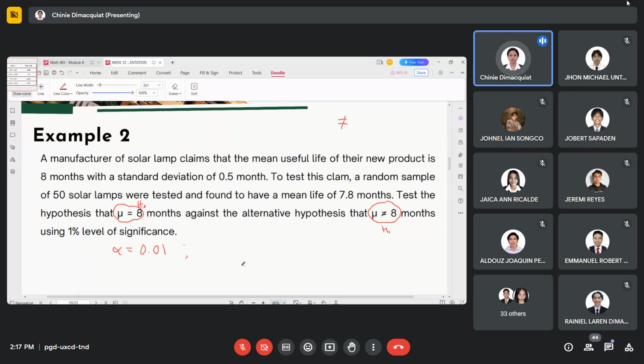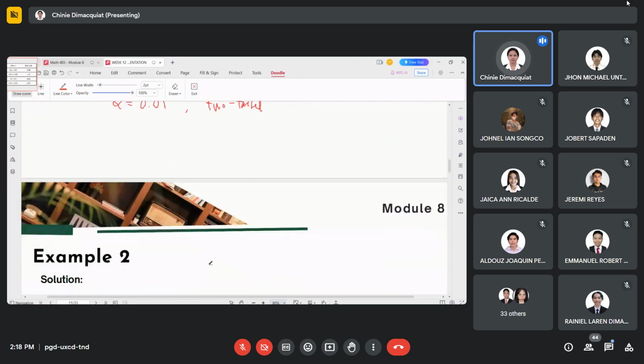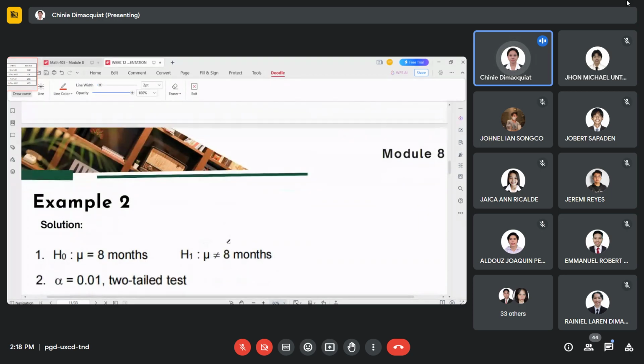And since ang ating alternative hypothesis ay gumamit ng symbol na is not equal to, therefore yung ating direction ay two-tailed. Okay na tayo sa una at pangalawa.